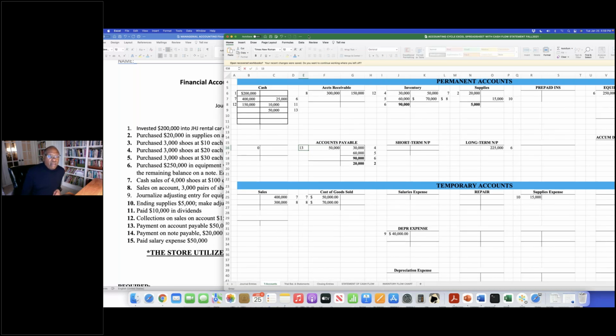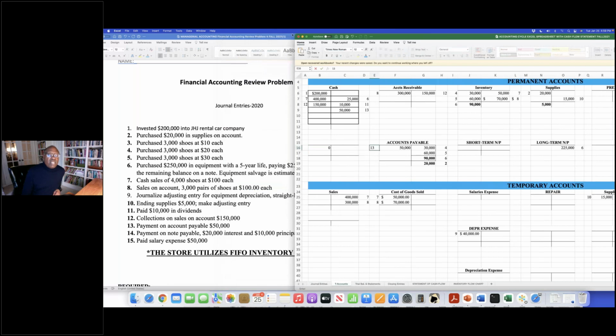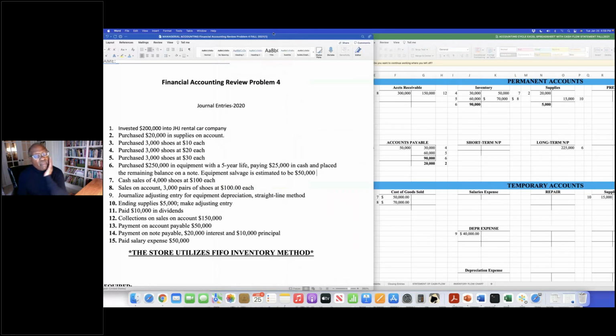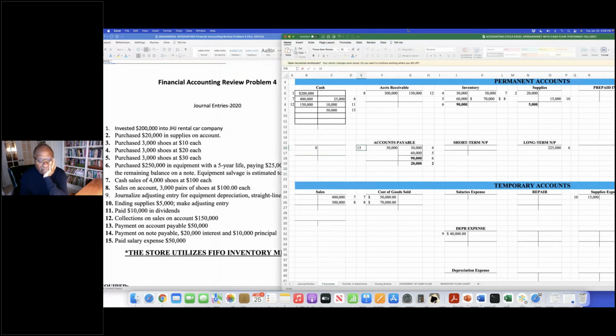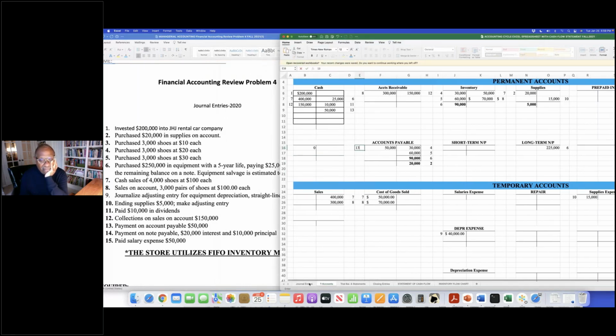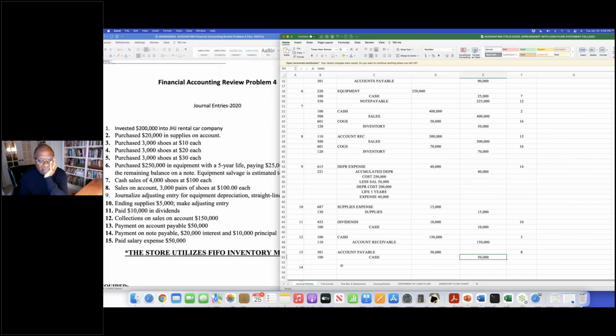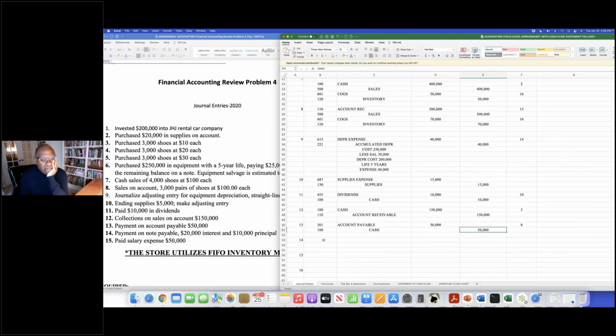Payment on a note payable, 20,000 principal plus 10,000 interest. How much does the bank want? If you went to pay your student loan and you owe 20,000 and interest of 10,000, in total you'll pay 30,000.